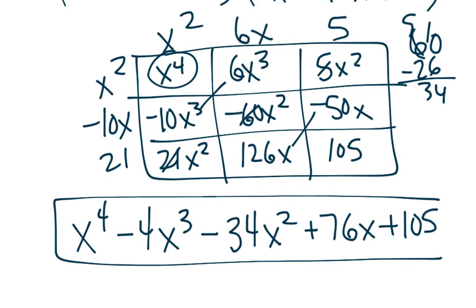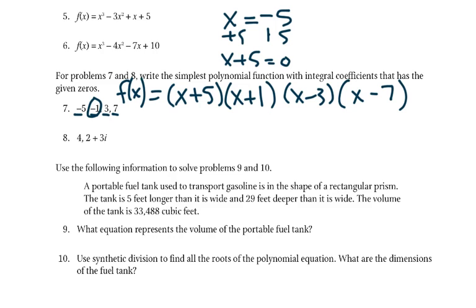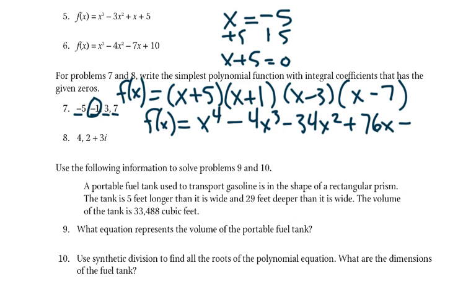And that's our equation. Okay, that's the answer for number 2. When you multiply those out, we get our function equals x to the 4th minus 4x cubed minus 34x squared plus 76x, right? Plus 105.